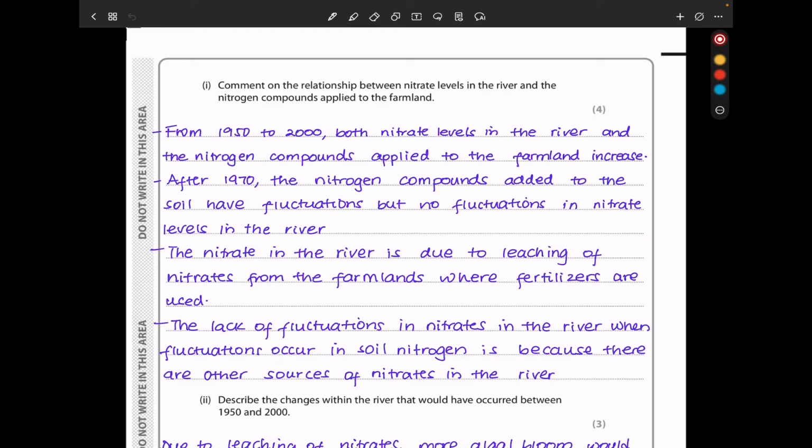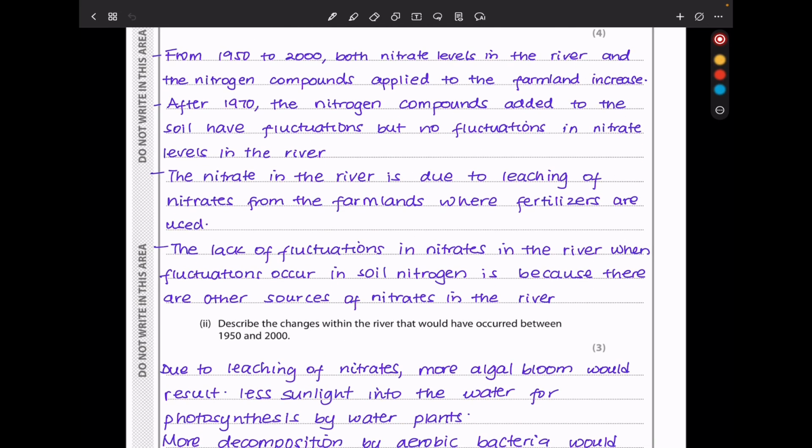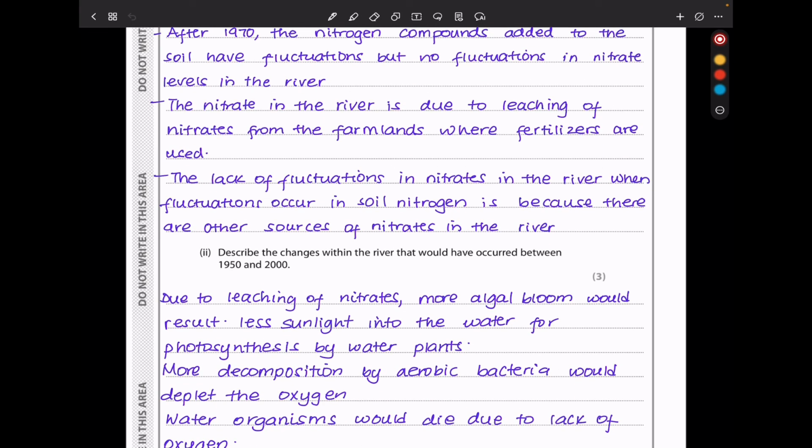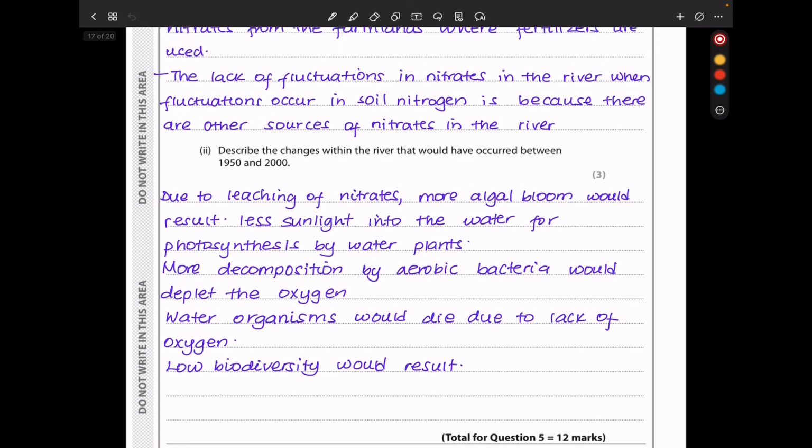After 1970, the nitrogen compounds added to the soil have fluctuations, but no fluctuations in the nitrate levels in the river. The nitrate in the river is due to leaching of nitrate from the farmlands where fertilizers are used, and the lack of fluctuations in nitrates in the river when fluctuations occur in the soil nitrogen is because there are other sources of nitrates in the river.